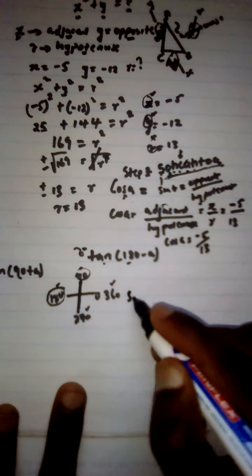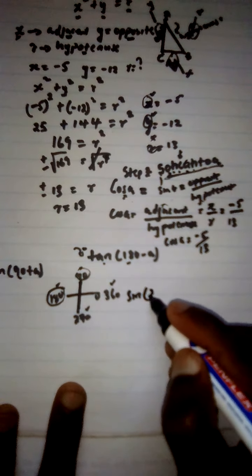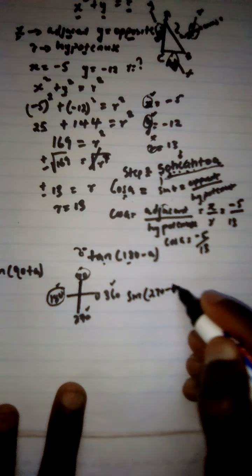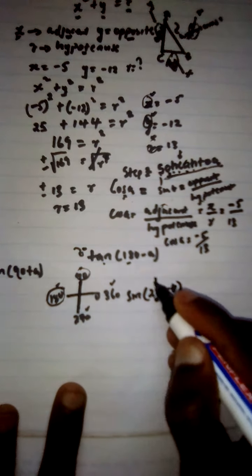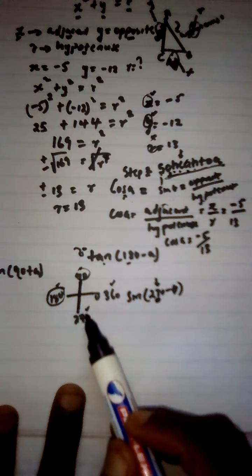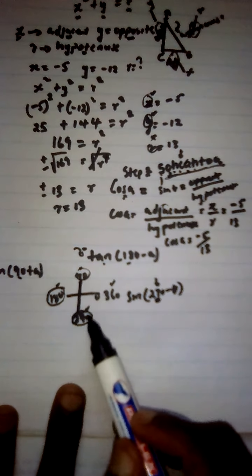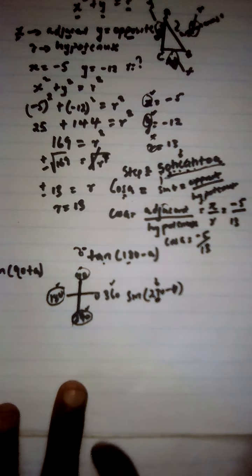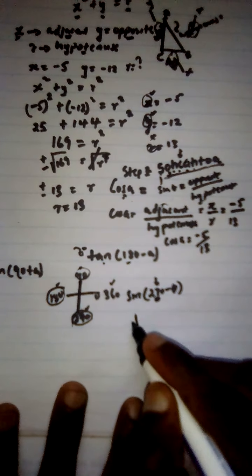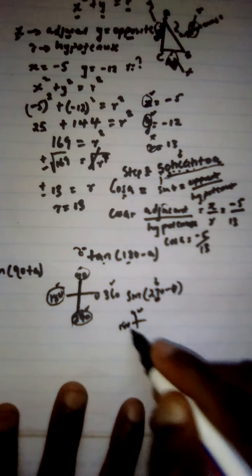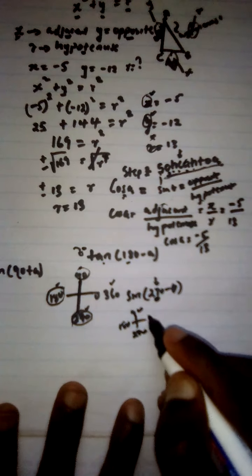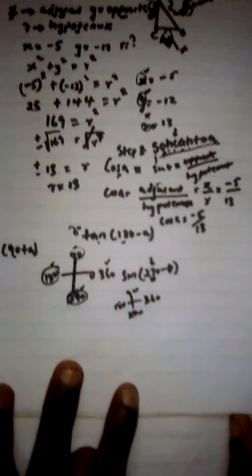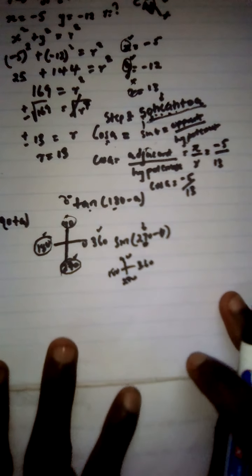Let's say it's sine of 270 minus theta. By this 270, we do have 270 on this diagram of mine, so we use a reduction formula. When we have 90, 180, 270, and 360, we use reduction formula.